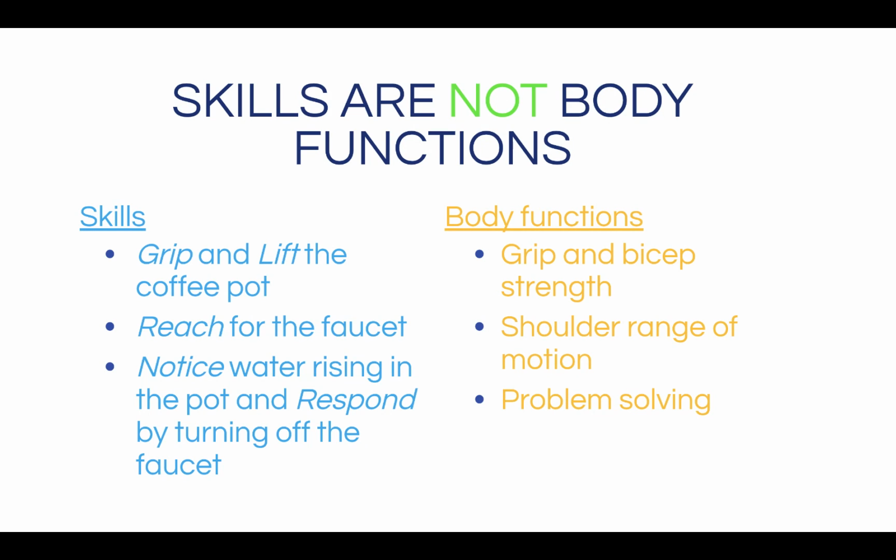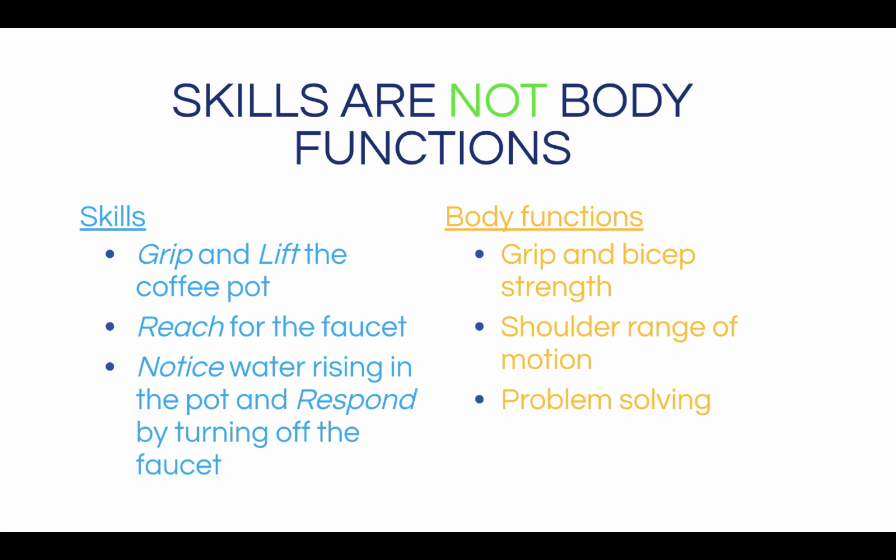The body functions that are directly related are gripping and bicep strength. Does that make sense? So think about it, simulate it with your hand if you want to. Gripping and lifting a coffee pot. What muscle groups and what body structures are you using in order to make that task happen? You're using grip and bicep strength.